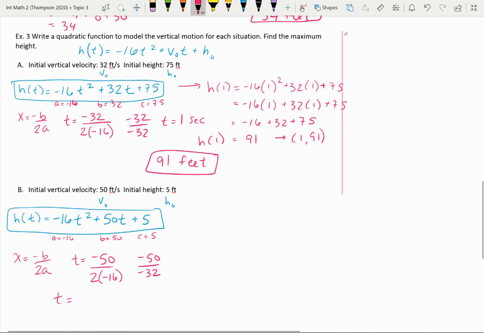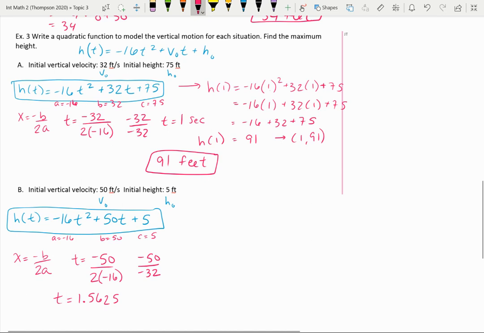And when I plug that in, this is definitely where you want your calculator, I get 1.5625. No, you cannot round that. You need to use all the decimal places and be very specific and careful about leaving all the decimals there.